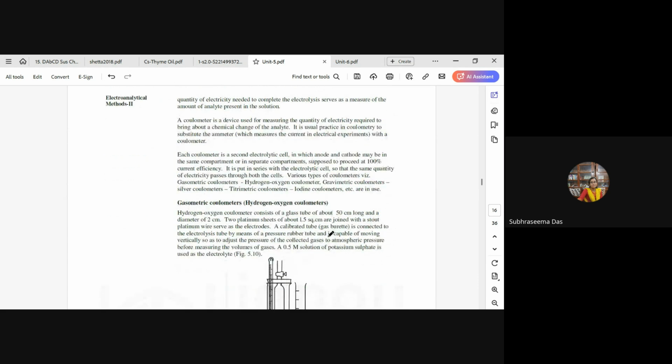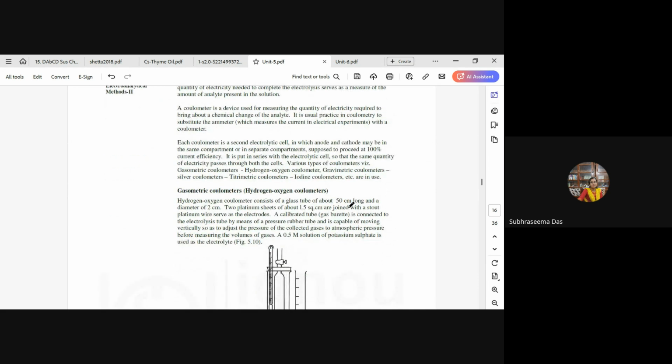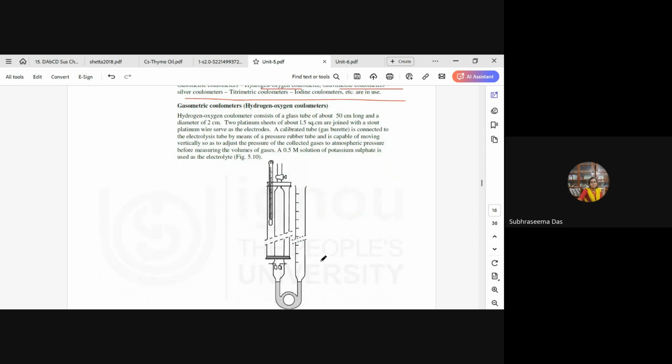Each coulometer is a second electrolytic cell in which the anode and cathode may be in the same compartment, and it is expected to proceed at 100% efficiency. Various types of coulometers are in use, like gasometric coulometer, hydrogen oxygen coulometer, gravimetric coulometers, silver coulometer, titrimetric coulometer, and iodine coulometers.